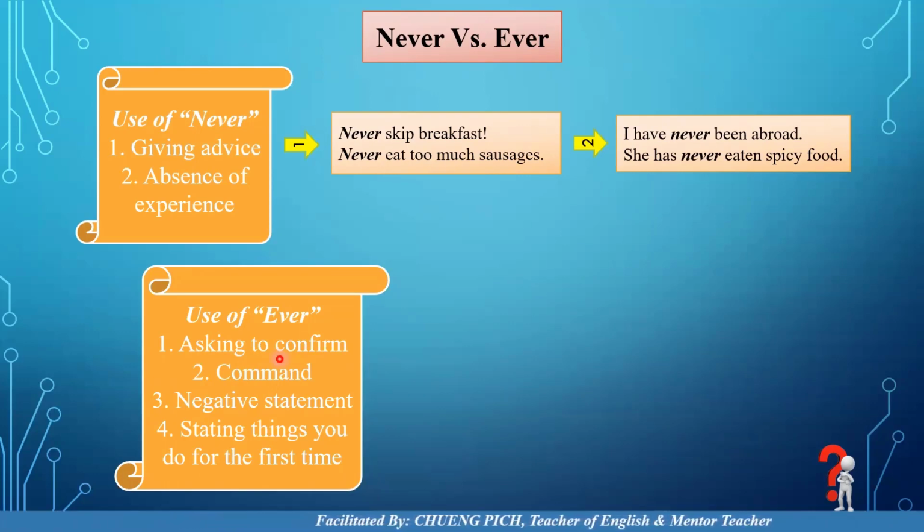Number 3, negative statement, to state something negatively. And number 4, stating things you do for the first time. It means that the first time you do it, you use ever as well. If you want to know it clearly, please pay attention to the examples here.